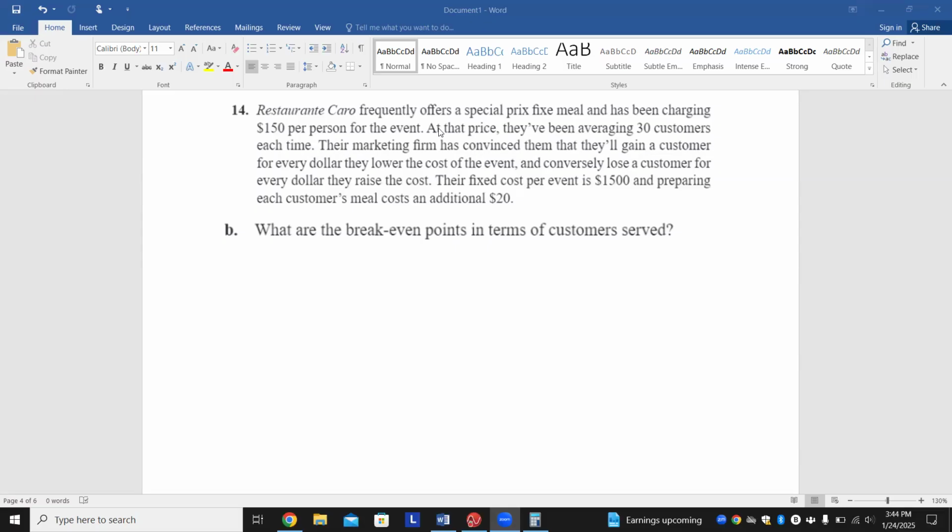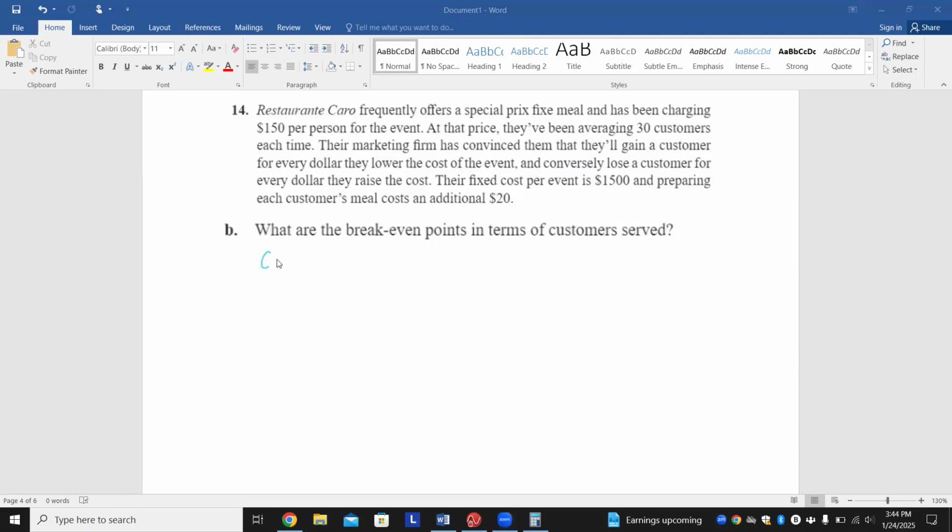Their marketing firm has convinced them that they'll gain a customer for every dollar they lower the cost of the event, and conversely, lose a customer for every dollar they raise the cost. Their fixed cost for this event is $1,500, and preparing each customer meal costs an additional $20. So what are the break-even points in terms of customers served?